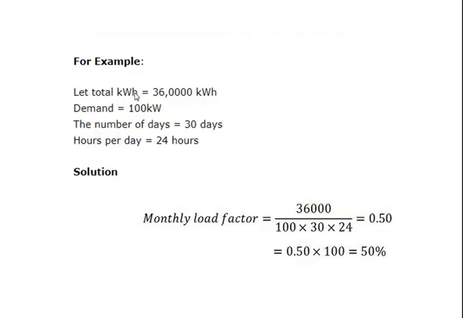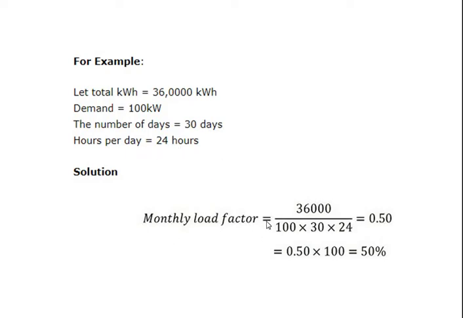Here is a practical example to calculate the monthly load factor. We are going to calculate here the load factor depending upon the month. So let the total kilowatt hour be 36,000. The demand is 100 kilowatt. The number of days is equal to 30 days because it is 1 month, and hours per day is 24 hours.